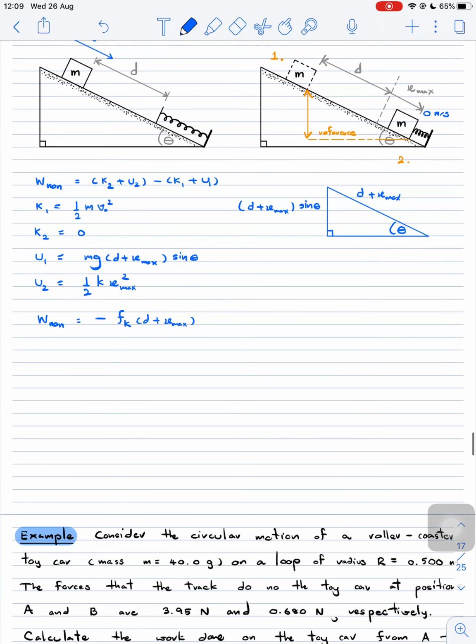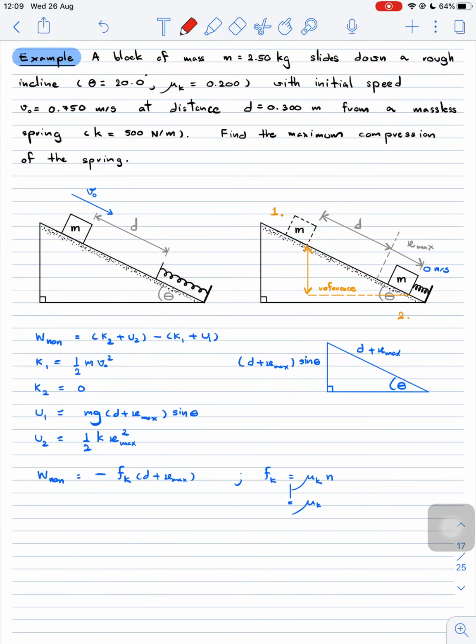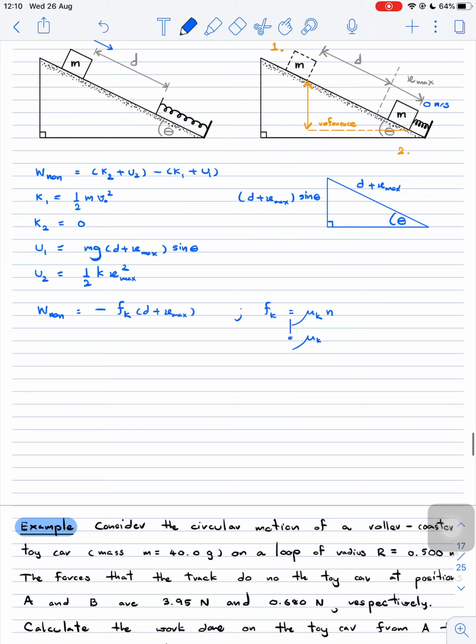But then what is the kinetic friction? The kinetic friction equals mu k, the coefficient of kinetic friction, times the normal force. In this case, normal force equals what? Actually you have seen it many times. In this case, normal force equals mg times cosine theta.